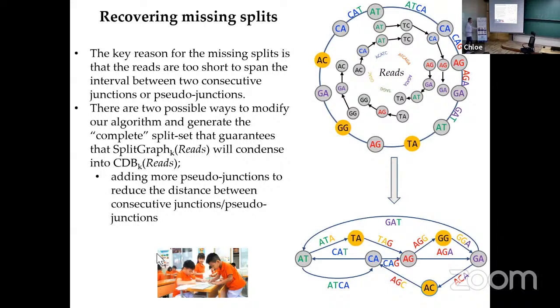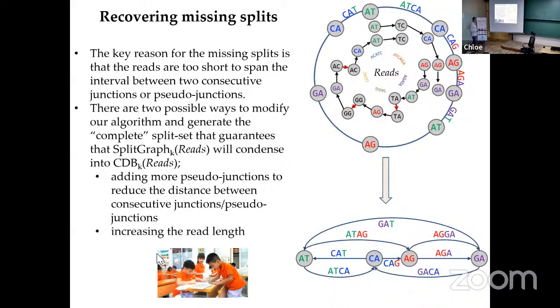Okay? That's one possibility. What is another possibility? One possibility is to add pseudo junctions to make these distances shorter. Another possibility: increase the read length. But how can we increase the read length?